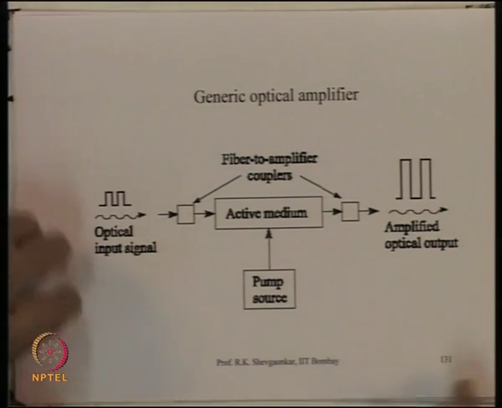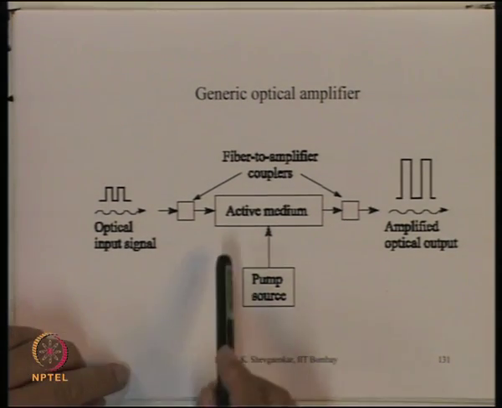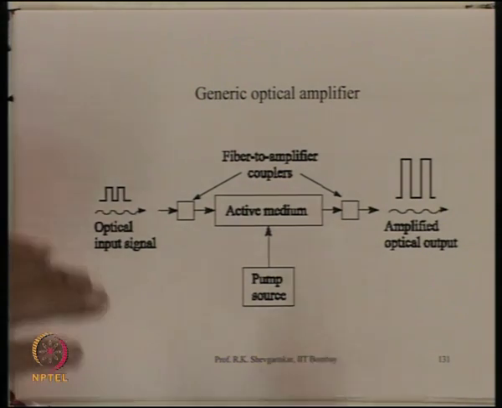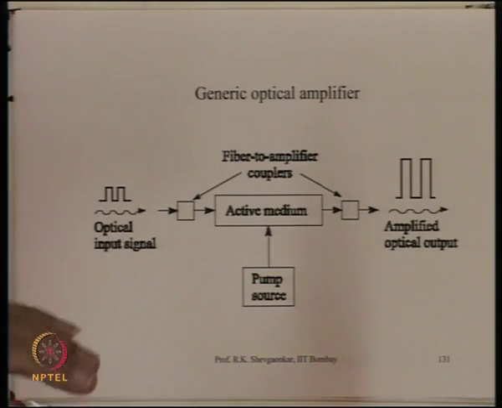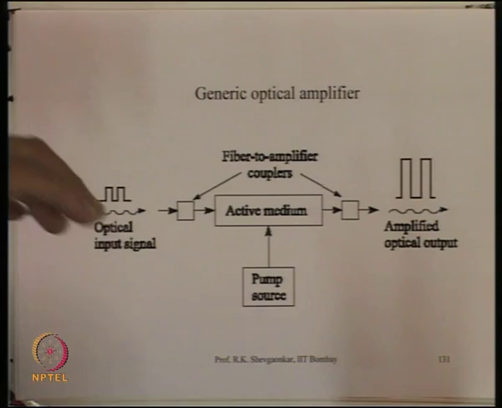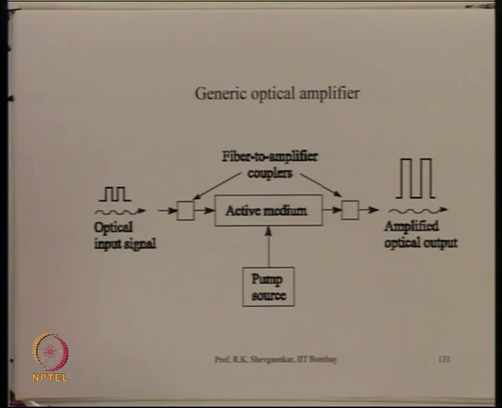So, generically, what are the amplifier characteristics? In an amplifier, what we need is something called an active medium, similar to what we have seen in a laser. In a laser, we have a medium which can be pumped, the material can be excited, and then if the signal is incident on this, stimulated emission takes place and the signal photons get amplified in number.